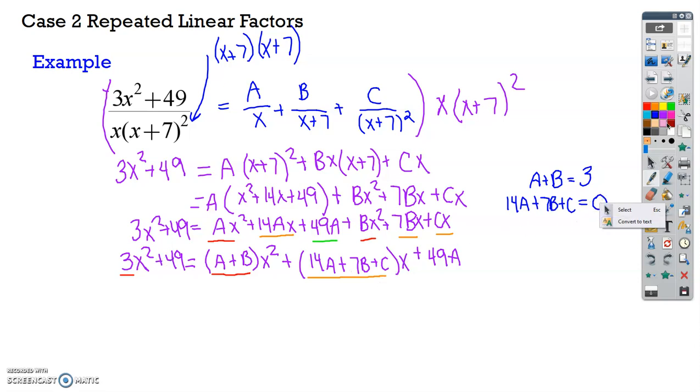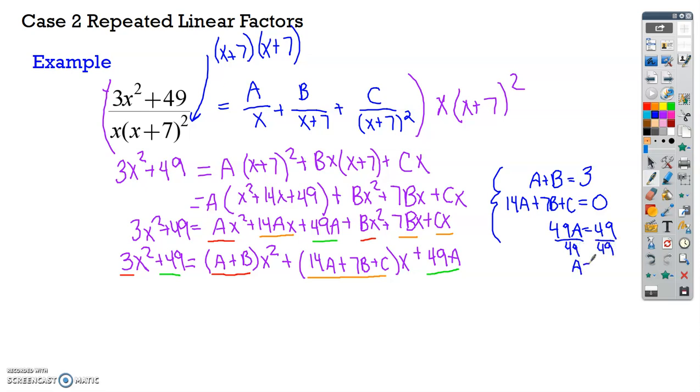And then last one here, the constant 49a has to give me 49. So here, I'm going to say that 49a has to give me 49. So see how we're pairing up those sides. So now this is my system. Now it should make sense that we did systems of 3 equations with 3 unknowns before this. That's what we were gearing up for. So sometimes you have to do the full process. Sometimes, look for shortcuts here. Woohoo, I can divide by 49.